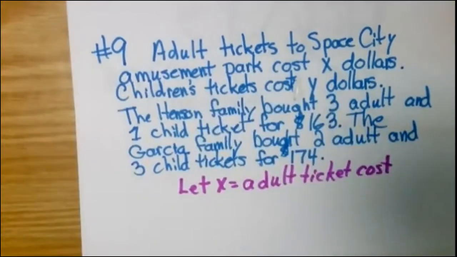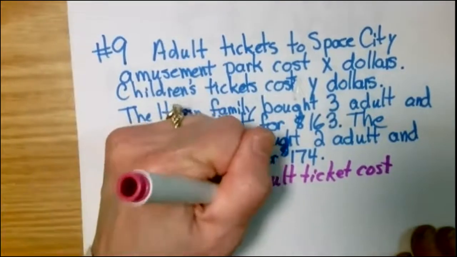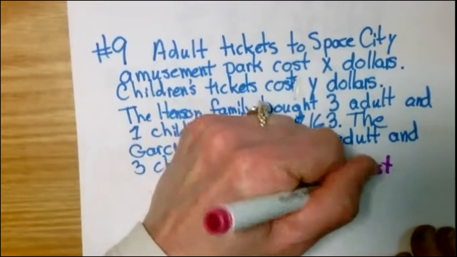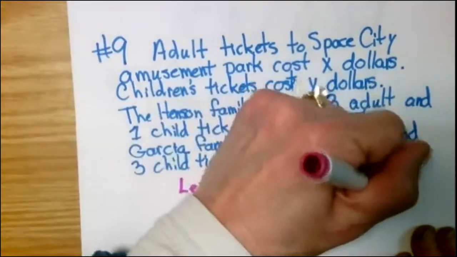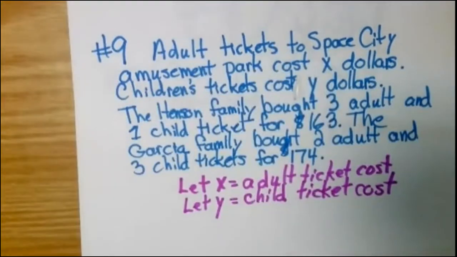And children's tickets cost Y dollars, so let Y equal the child ticket cost. The Henson family bought 3 adult and 1 child ticket for $163. The Garcia family bought 2 adult and 3 child tickets for $174.